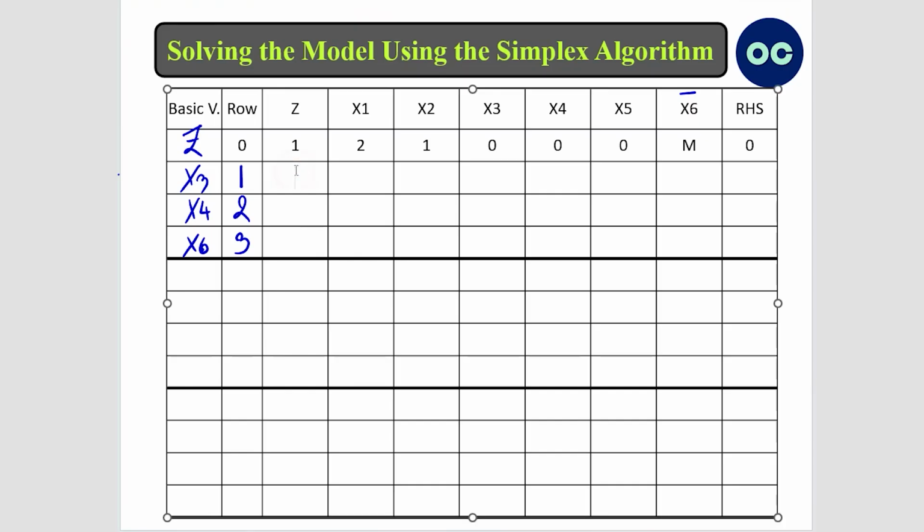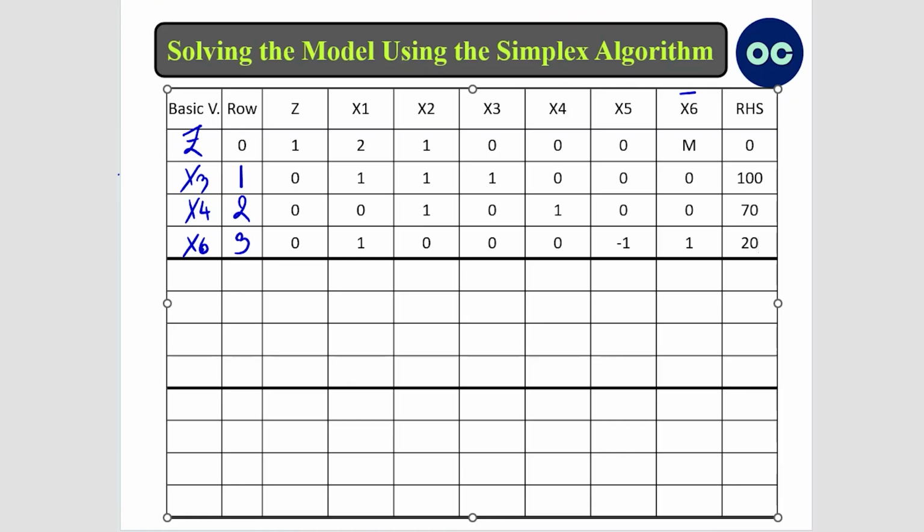The coefficients are 0, 1, 1, 1, 0, 0, 0, and 100. The second constraint is 0, 0, 1, 0, 1, 0, 0, 70. And the third constraint is 0, 1, 0, 0, 0, minus 1, plus 1, and 20.